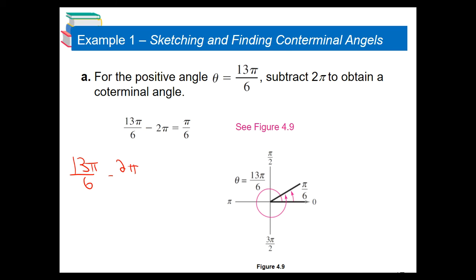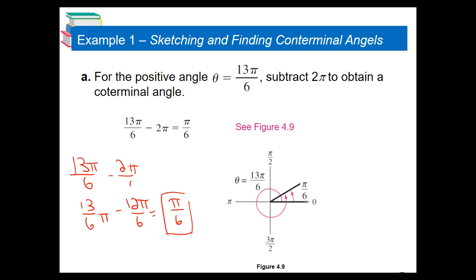And so if you have a fractional calculator, you could say 13 over 6 minus 2 over 1. If you're going to do it by hand, you would have to find a common denominator, which would be 6. So this would be minus 12 pi over 6. And 13 minus 12 is 1 pi, which would just be pi over 6.